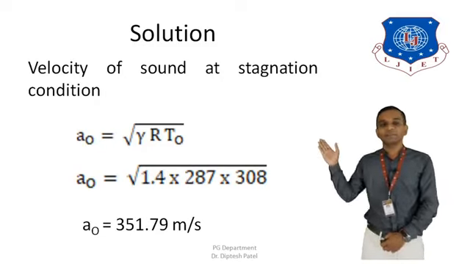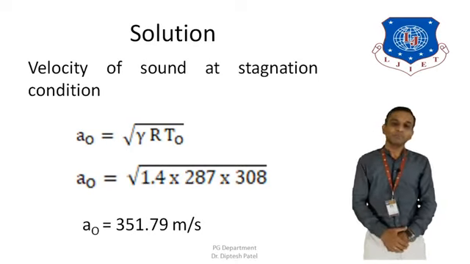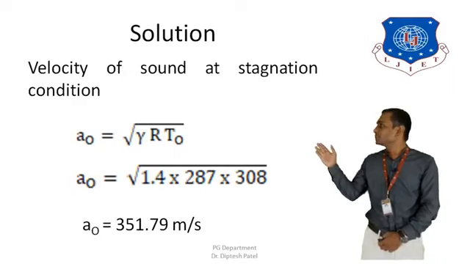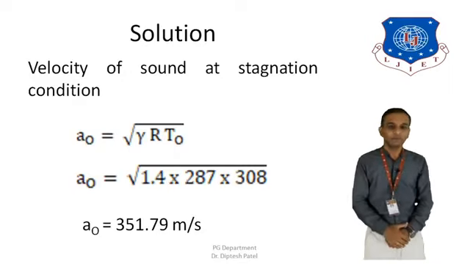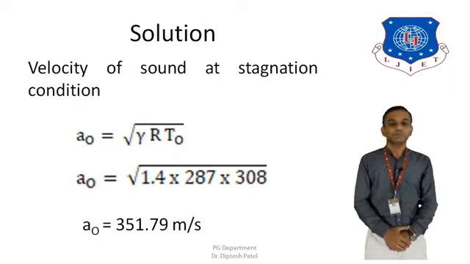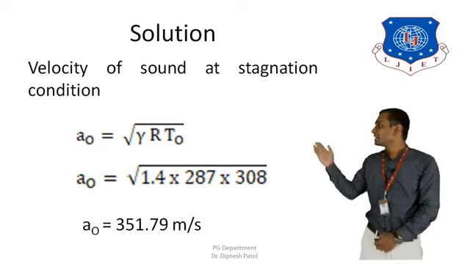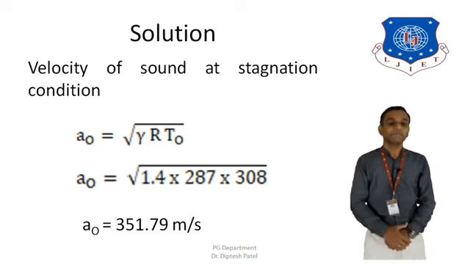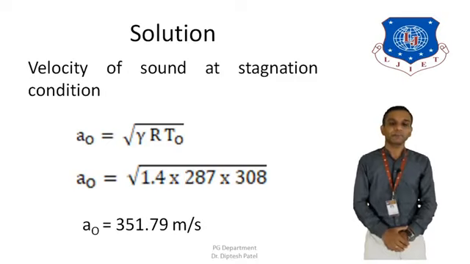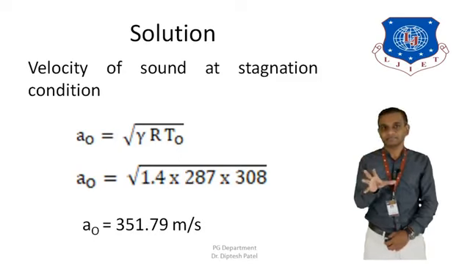A0 is equal to under root of 1.4, which is gamma, 287, which is R, and 308, which is the stagnation temperature. Going through the calculation, we get A0 is equal to 351.79 meter per second. So that is the velocity of sound at stagnation conditions.